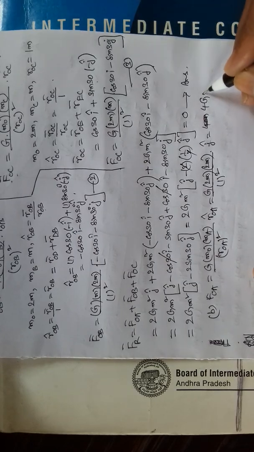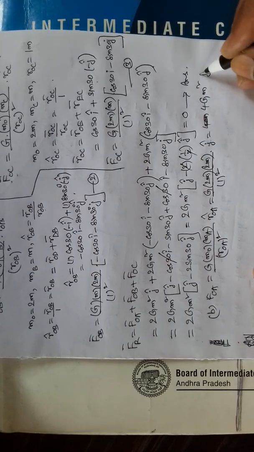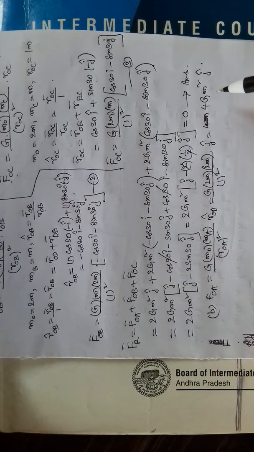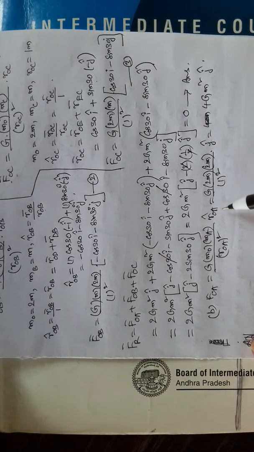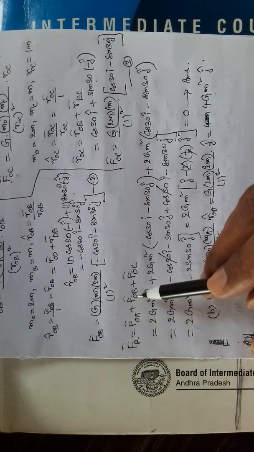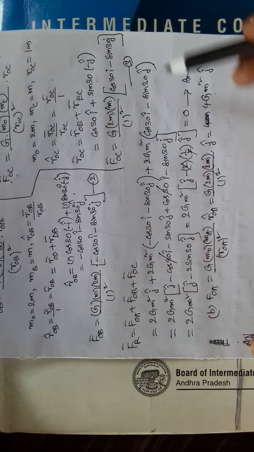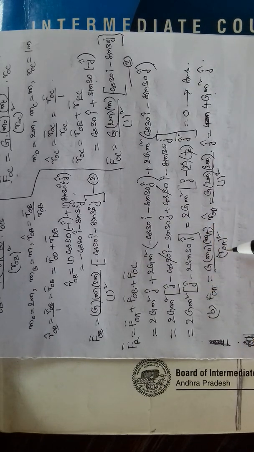So 4Gm square j. This is FOA. Now we have to substitute this value here. FOB and FOC have the same values.